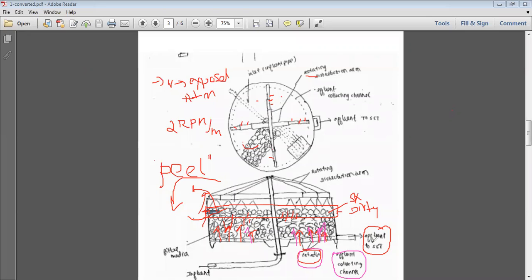Sometimes if you want to treat this also, they will send the effluent to the secondary sedimentation tank. You have already seen it, right? One tank will be there.